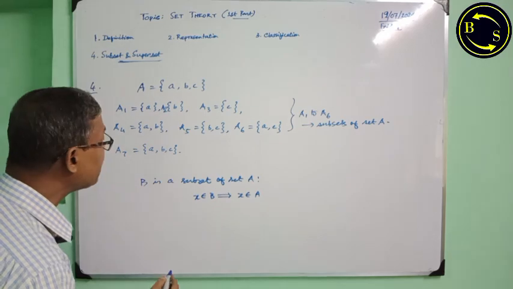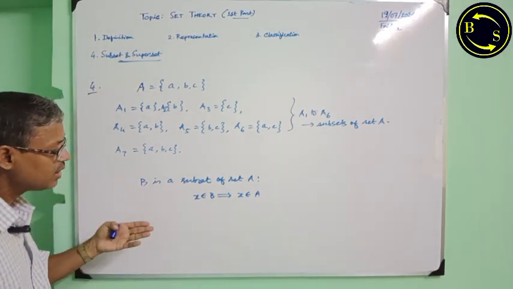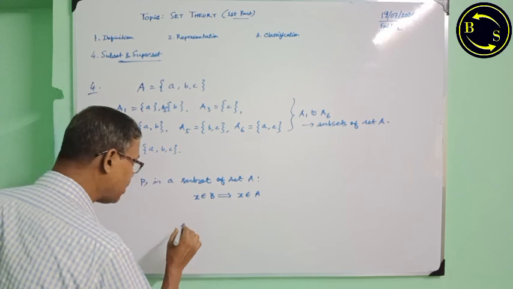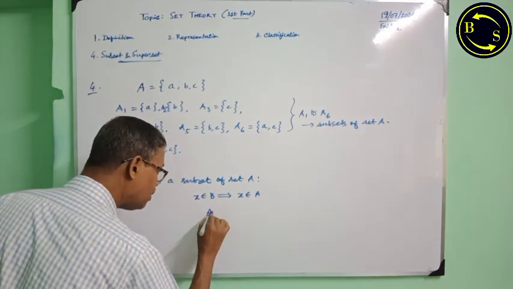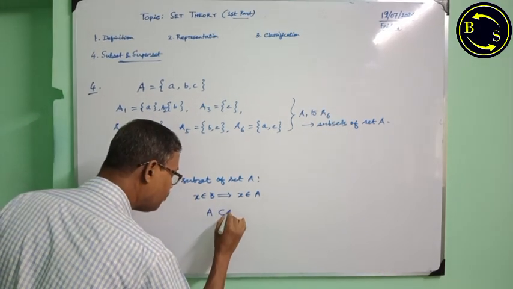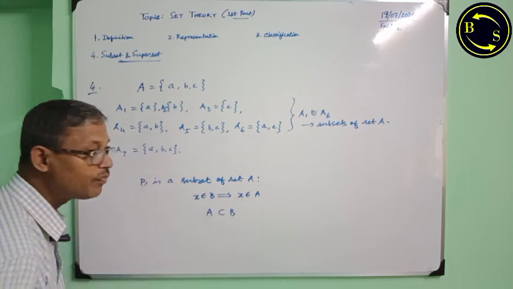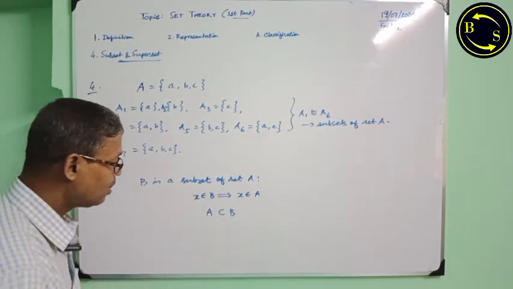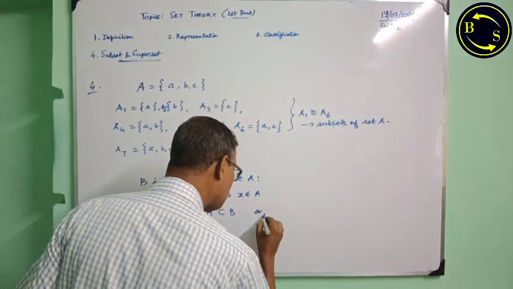then we say B is a subset of set A, sorry, and we denote that by writing B is subset of set A, or we use the symbol.